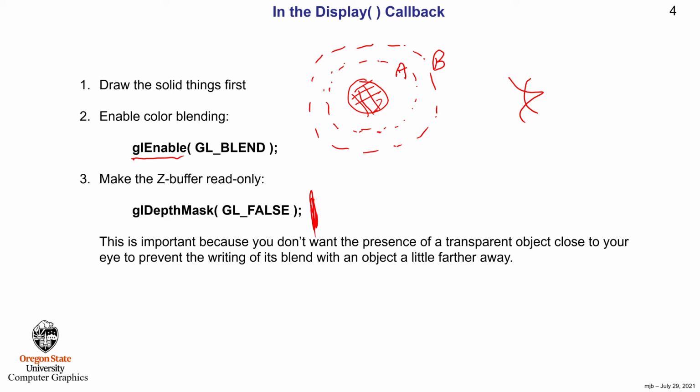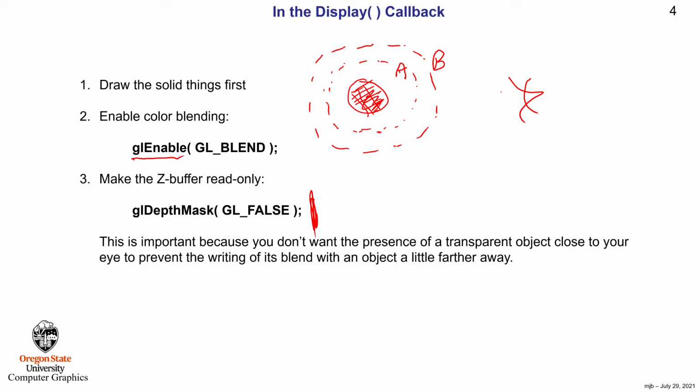Now, if you were to draw these in some specific order, like if you were to draw A first and B second, then everything would be fine. But if you were to draw B first, so let's see what happens if we draw B first. So we draw the solid part. Yep, that's a given. Now we draw B first. That's great. It blends with the solid thing.